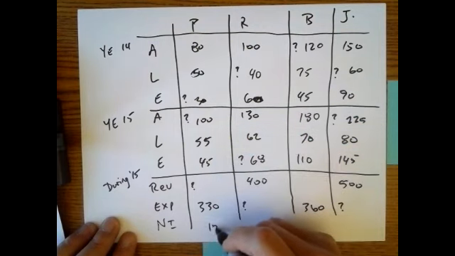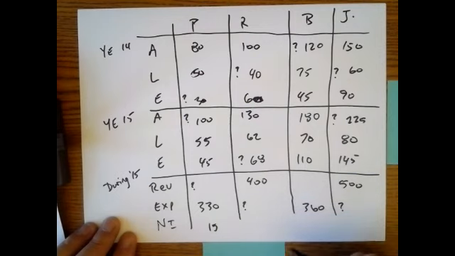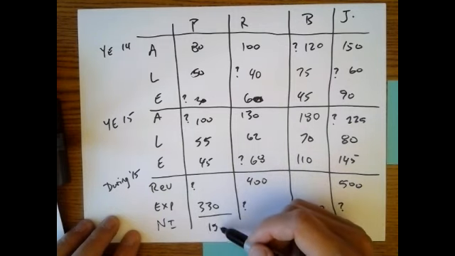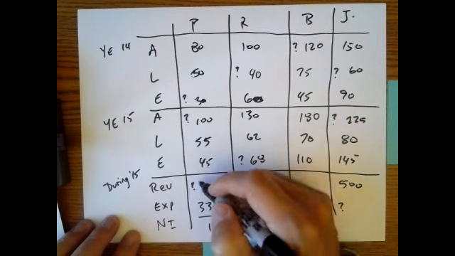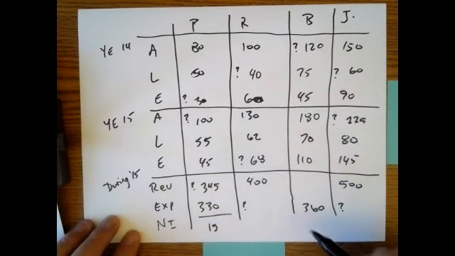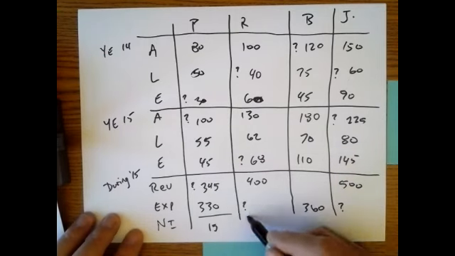So they had an increase of 15,000 in equity, which means their net income was 15,000. Revenues minus expenses gives us net income, so 330 plus 15 gives us 345. So Pittman must have had 345,000 in revenue.